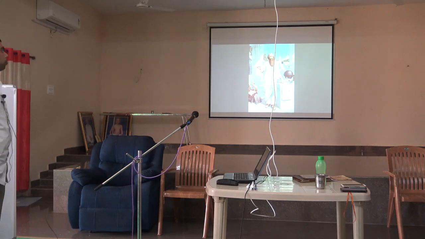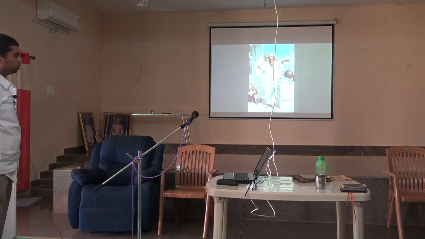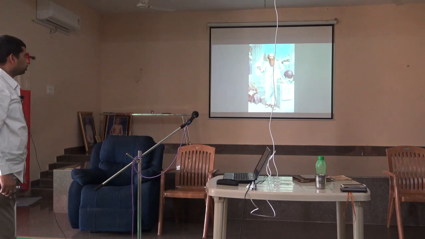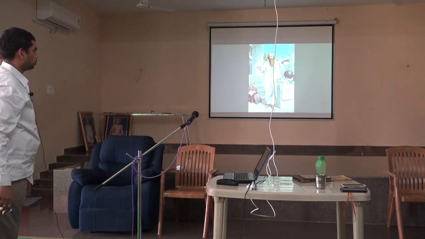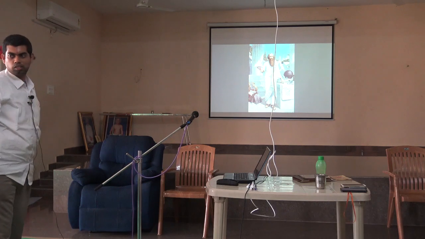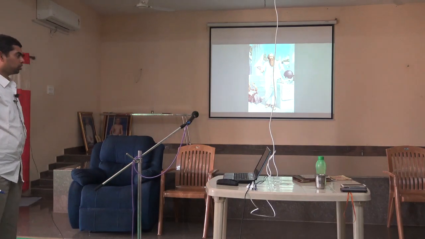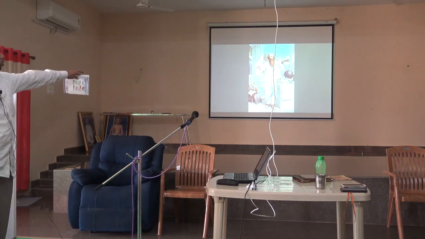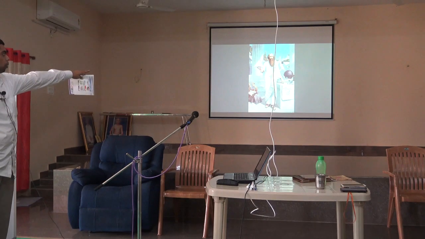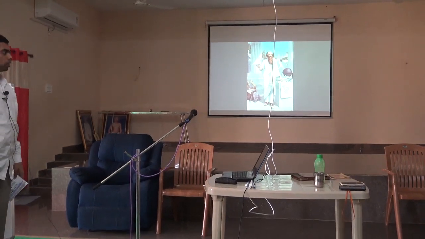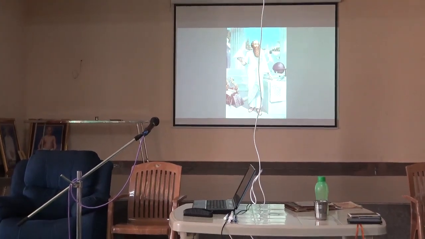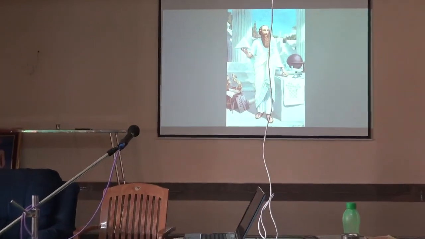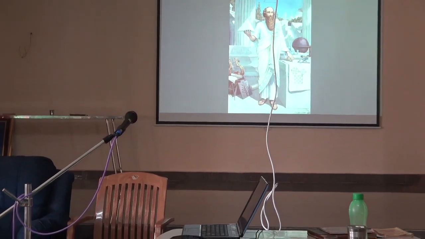So below his left hand you can see there are 3 squares. Yes, everybody? So one is 4 by 4, one is 3 by 3, and the other is 5 by 5.